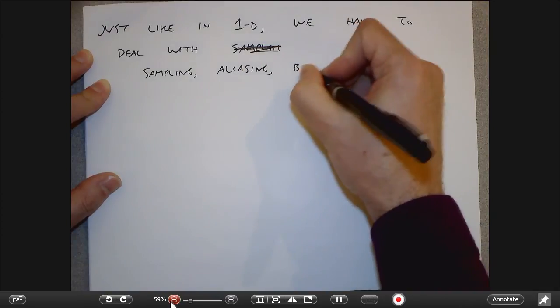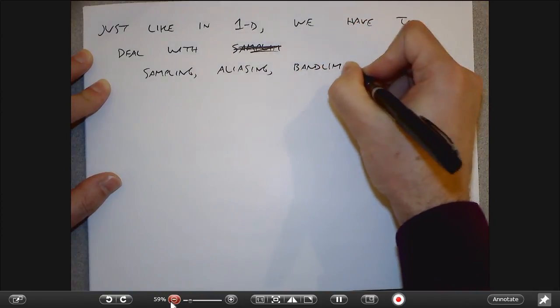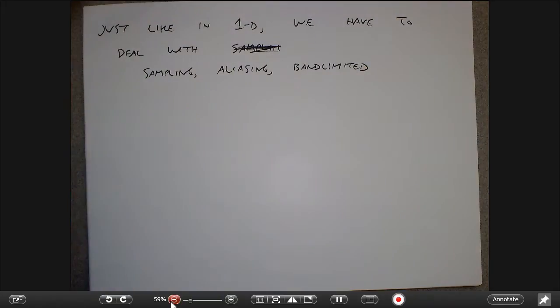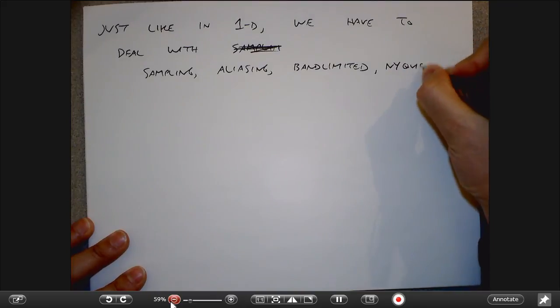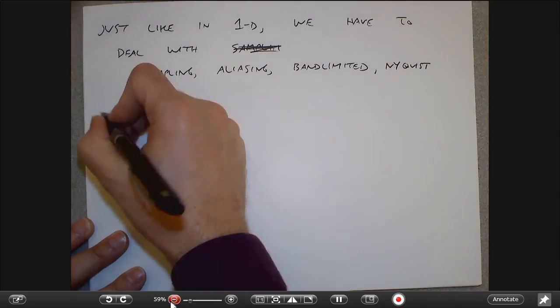We have to know what it means for a signal to be band limited, right? So all that kind of Nyquist, all this kind of terminology applies to image processing as well, right?